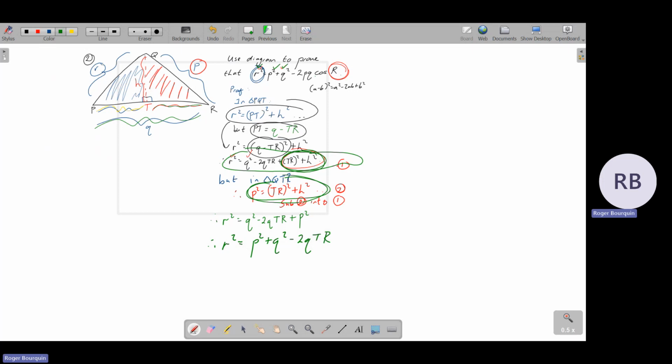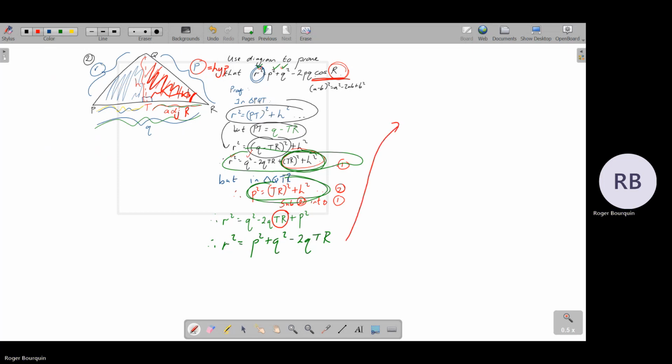The problem is, I've still got this TR over here. I want cos instead, cos of angle R. So once again, I'm going to work in this right angle triangle with angle R. So here's angle R. This side TR is adjacent to R, and this side, little p, is the hypotenuse, opposite the right angle.